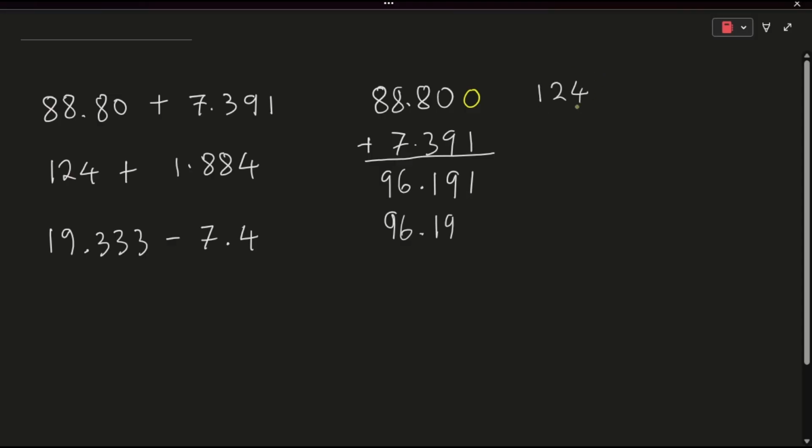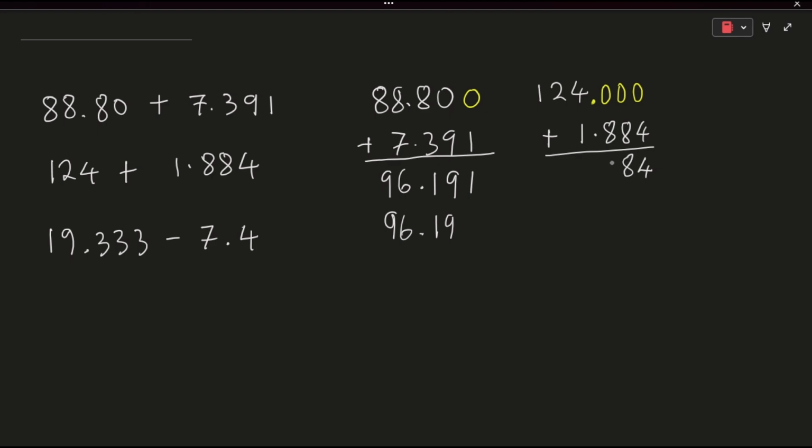Now, for the second one, now 124 has an implied decimal point. So we're going to align our decimal points. Now, for convenience, let's fill the spaces. So we're going to have, now 124 has no digits after the decimal point, and this figure has 3 digits after the decimal point.